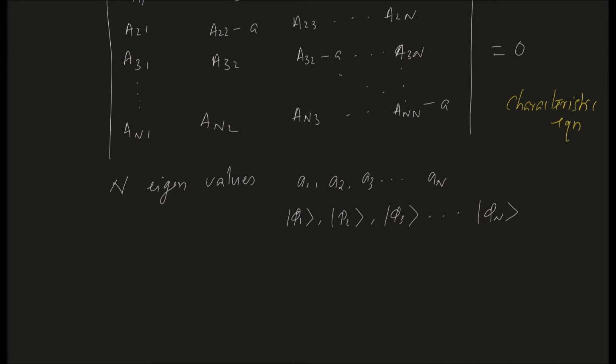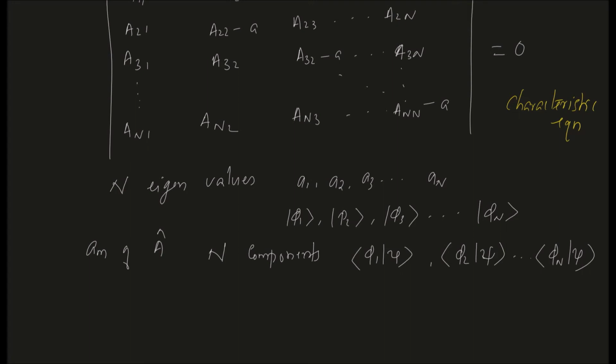For each eigenvalue a_m of the operator A, we can obtain from the characteristic equation the n components. What are those components? Like bra phi 1 psi, bra phi 2 psi, etc. up to bra phi n psi of the corresponding eigenvector phi m.